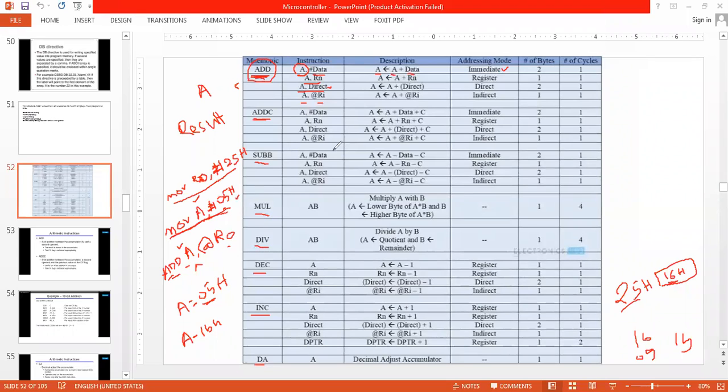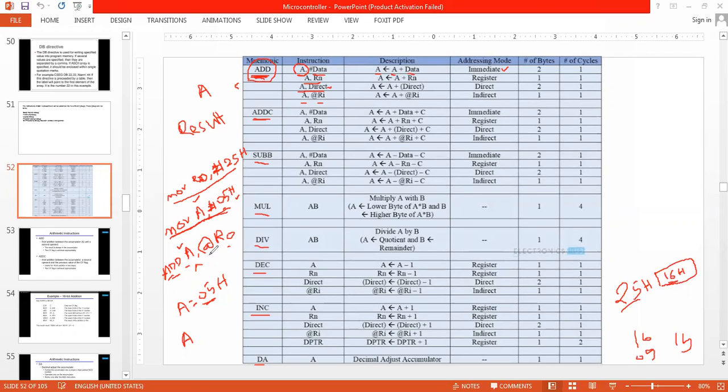What will be the value of A? Who will tell me? What can be the answer? What can I expect? There are three instructions here. Consider all three instructions. MOV R0 comma hash 25H. MOV A comma hash 05H.